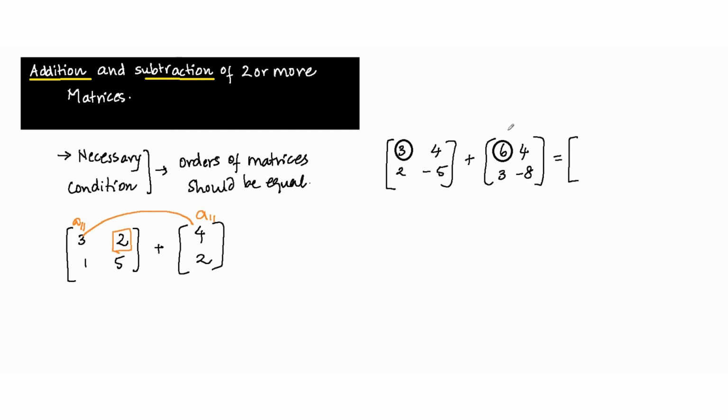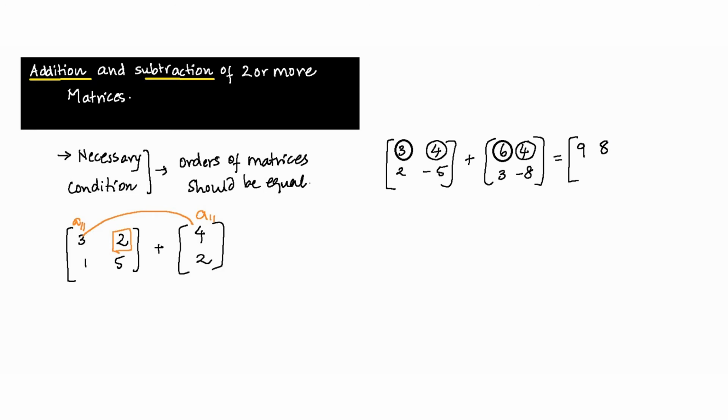So 3 plus 6 is going to be 9. 4 plus 4, I am taking the first row second column element and adding it with the first row second column element. So 4 plus 4 will be 8.